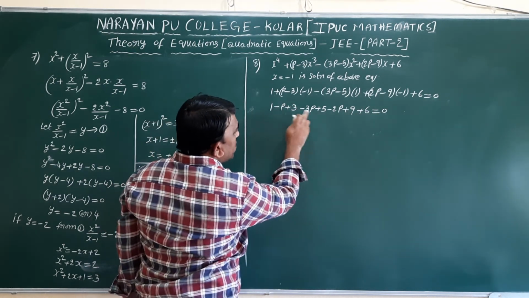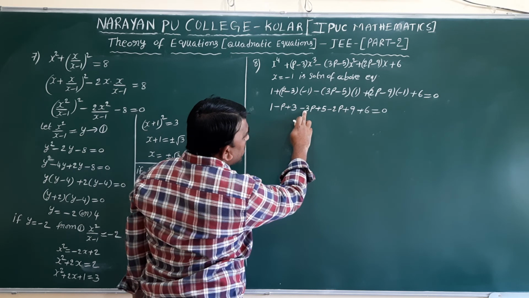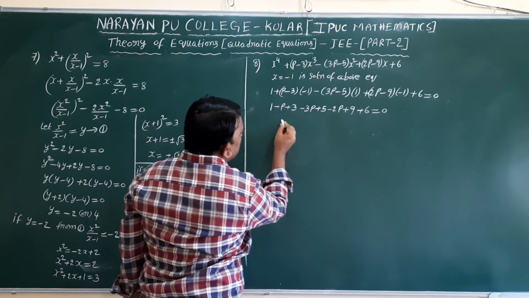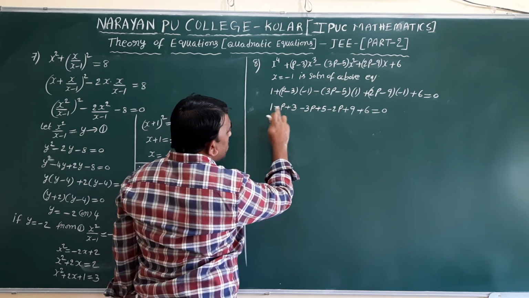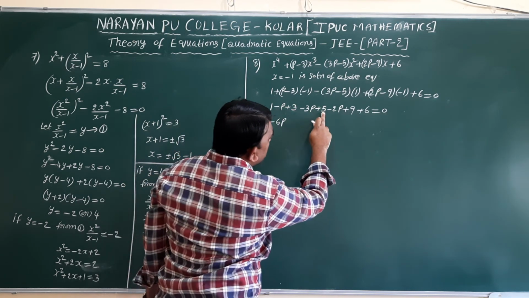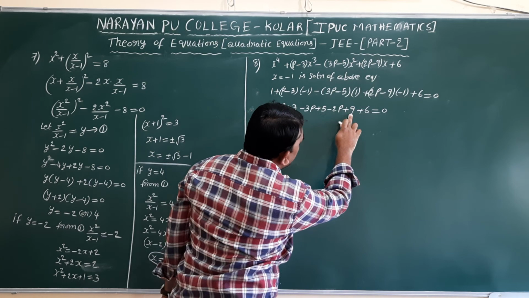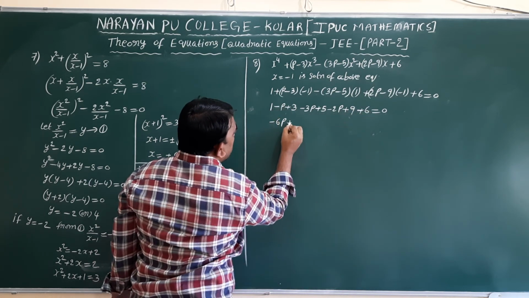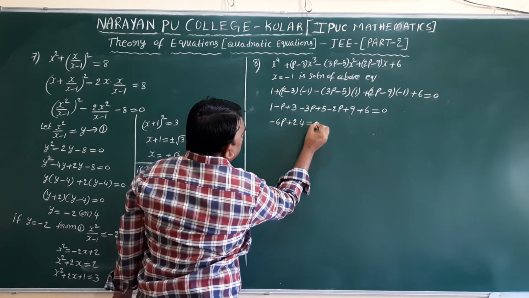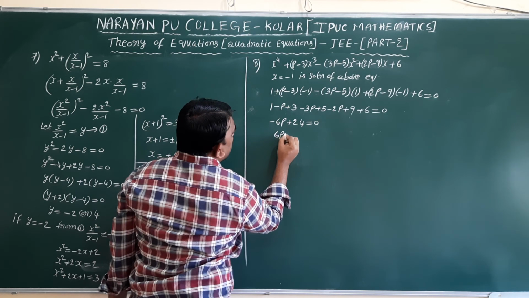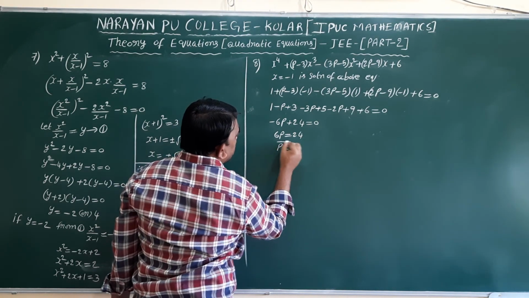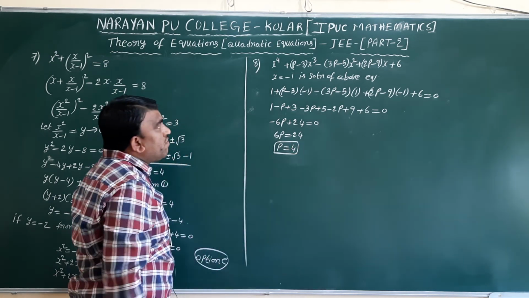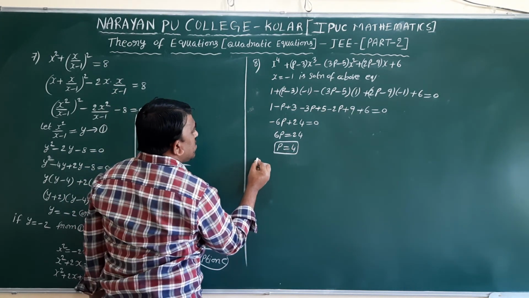So first p values minus p minus 3p minus 4p minus 2p minus 6p. Real values 1 plus 3 4, 4 plus 5 9, 9 plus 9 18, 18 plus 6 24 is equal to 0. 6p equal to 24 we can write. Then p value 4. P value 4 substitute in the given equation.